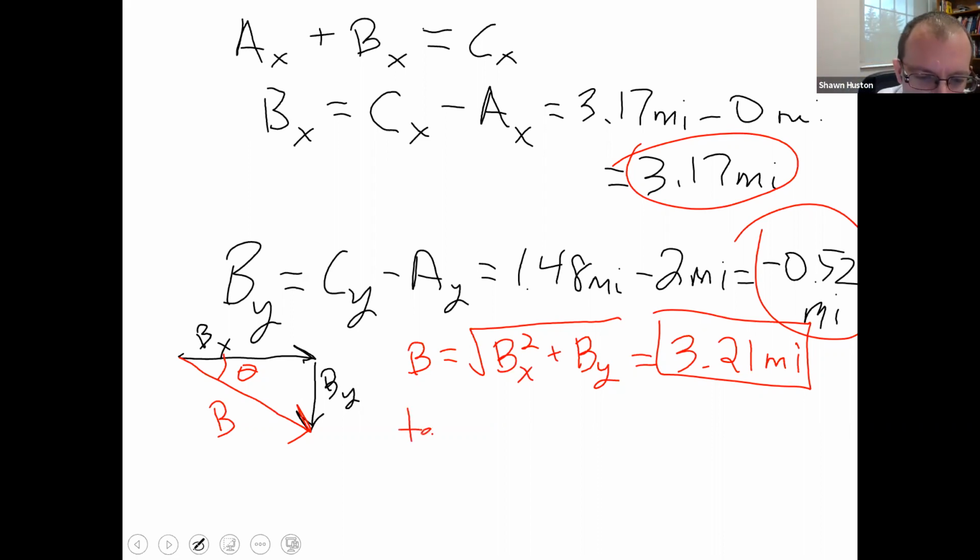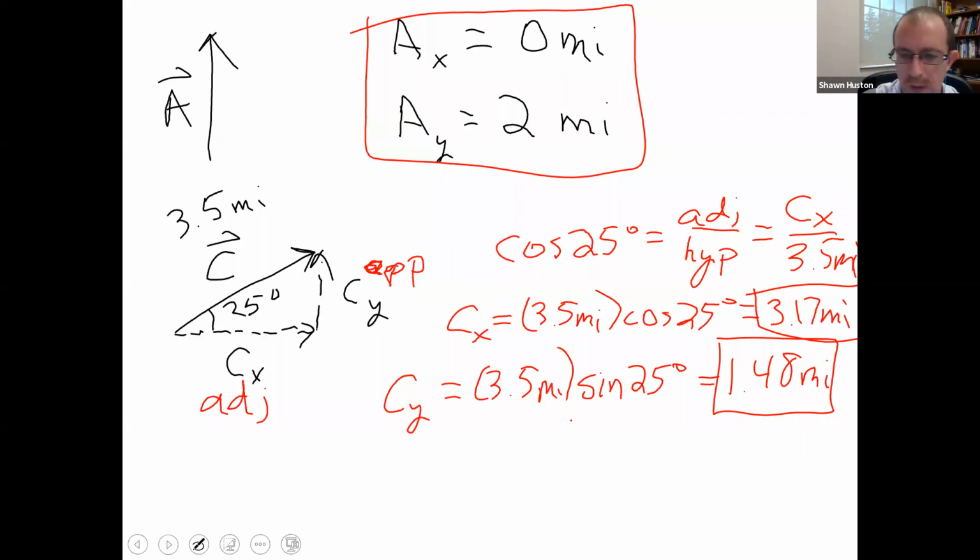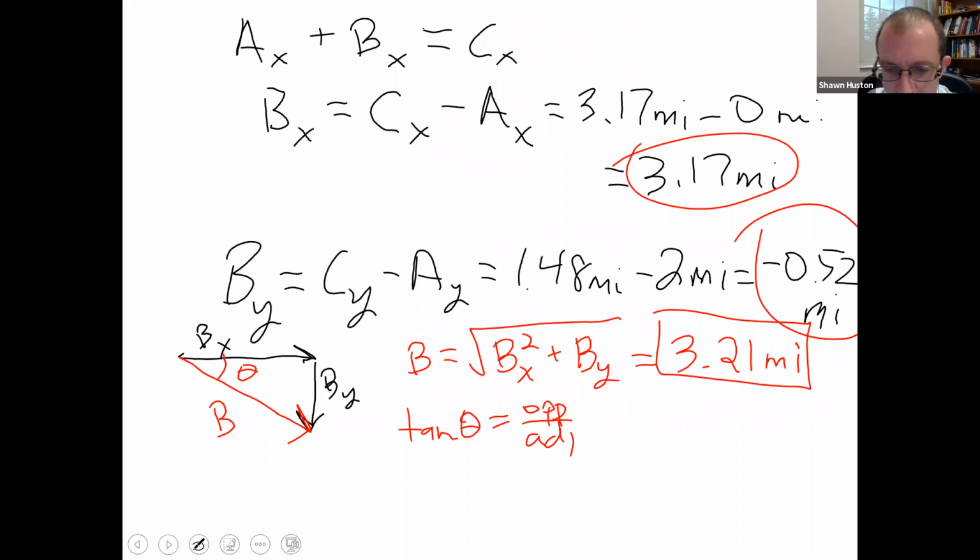Well, tangent of theta is equal to opposite over adjacent. That is equal to B sub Y over B sub X.